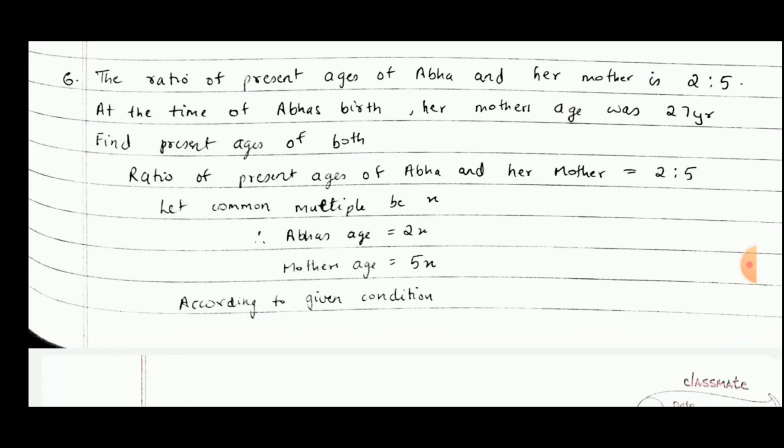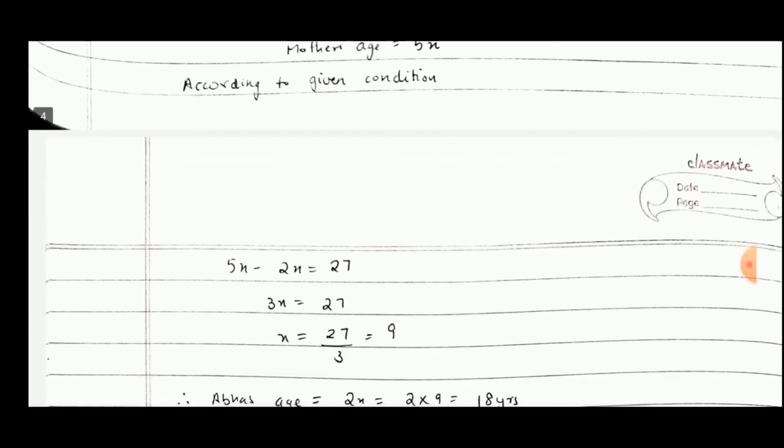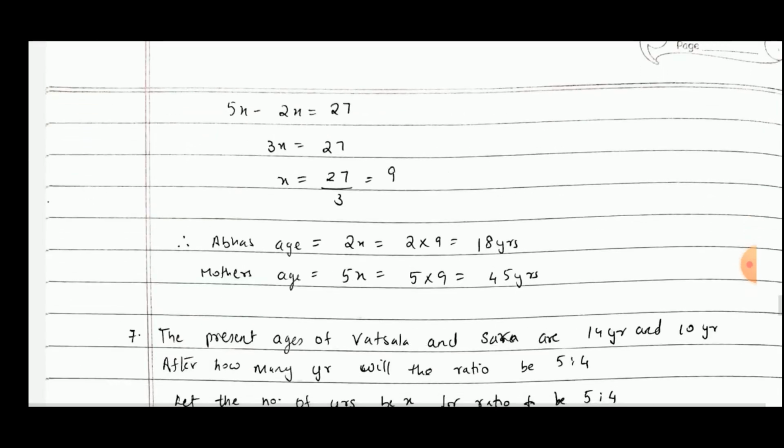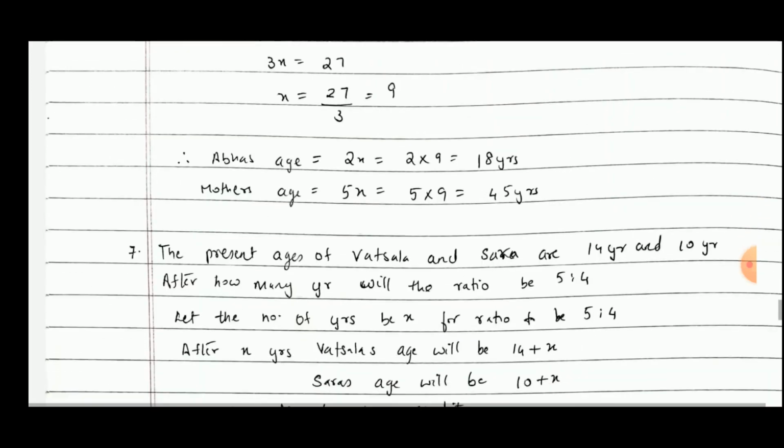So that will be 35 minus 5, that is 30 years. The same concept you have to use here. Subtract the child's age from the mother's age, that will give you the mother's age at the time of birth. So 5x minus 2x is 27, 3x is equal to 27, x will be equal to 9 years. So Abha's age is 18 years and mother's age is 45 years.